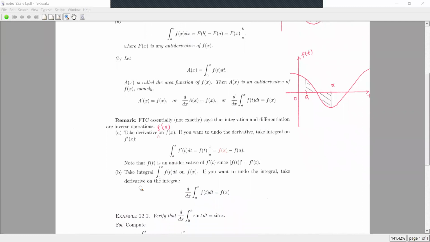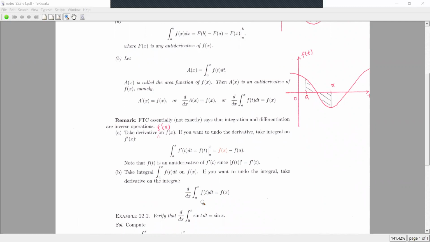Reversely, if we take integral on a function, say integral from a to x on function f, now I want to undo the integral. Then what can I do? To undo the integral, take derivative.